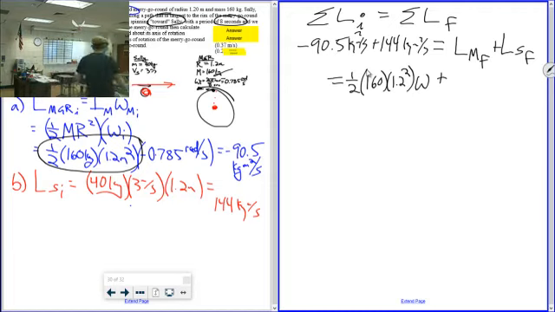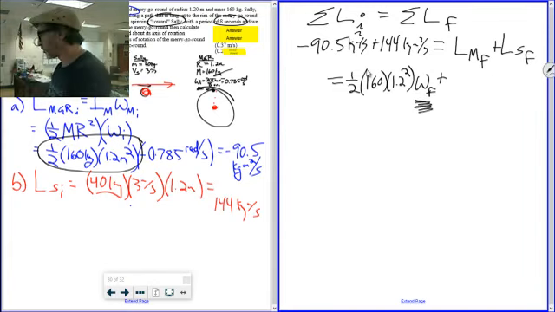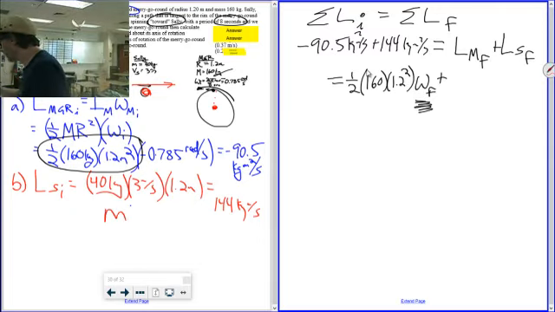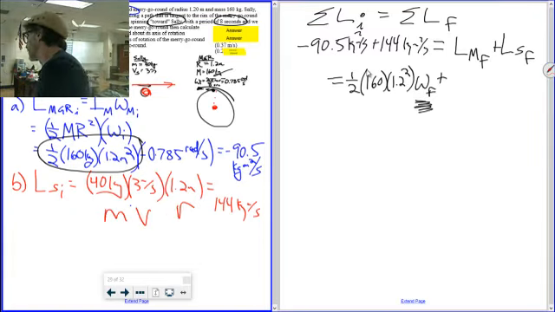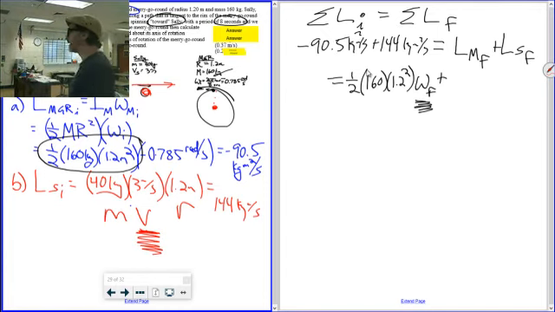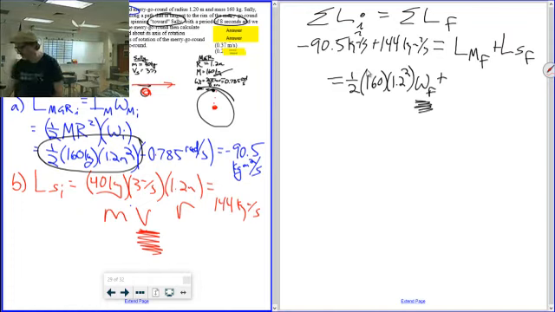Plus, now this is a little bit weird. Because they're stuck together, both the merry-go-round and Sally are going to have the same angular velocity. Okay? So when I did this over here, I treated her as a point particle, but when you do that, you're considering the linear velocity of the point particle. And we don't want to do that because we need our equation over here to have angular velocity.